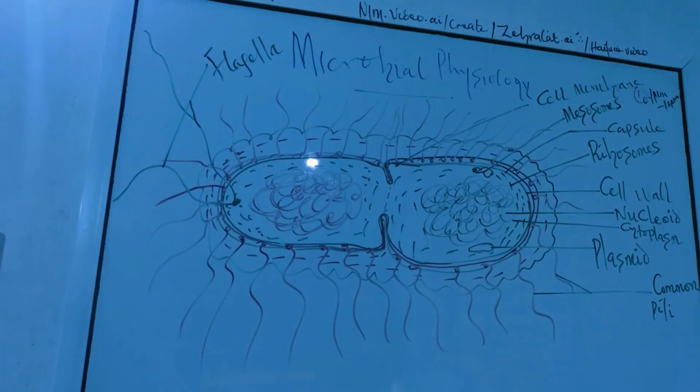Then, the structure was not as distinct as this. We didn't have a bacterial cell in this form, but as a result of evolution, and don't forget that evolution is talking about development with advancements, which depend on the environment.